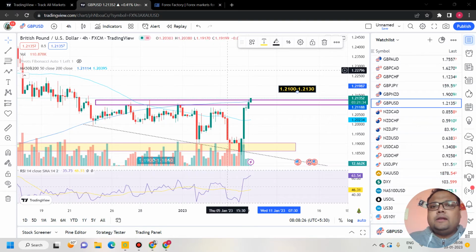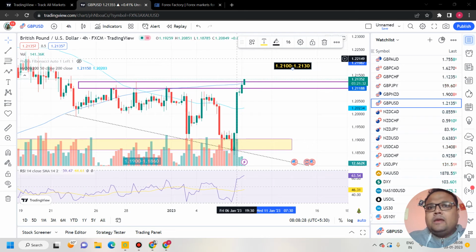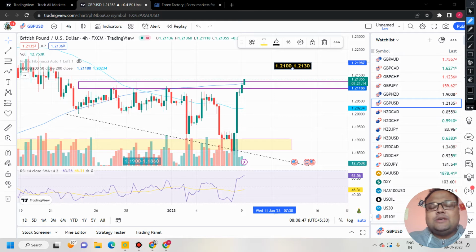On the other hand, if you're looking for a safe entry, if you're not convinced with this amount of volatility, you can wait for some time. You can wait for 1 or 2 hours and just watch. Because as we all know, false breakout is a bitter reality of the market, and there is no medicine for false breakout. The only thing you can do is wait for the market to retrace.